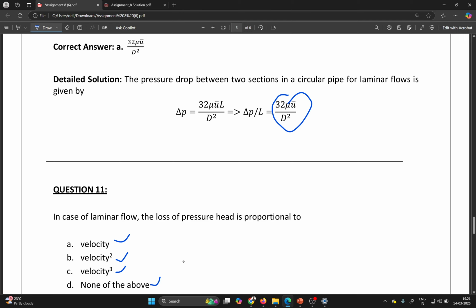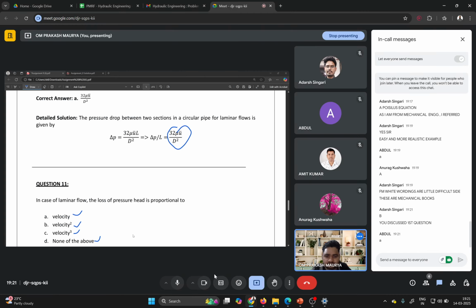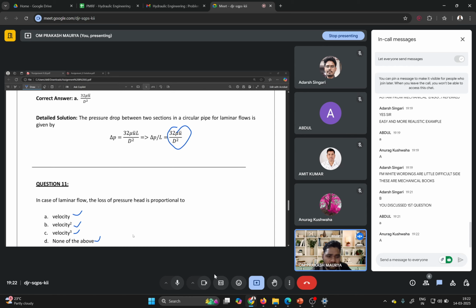Some are telling option B, velocity square. Abdul is telling A, Anurag is also telling A, okay.